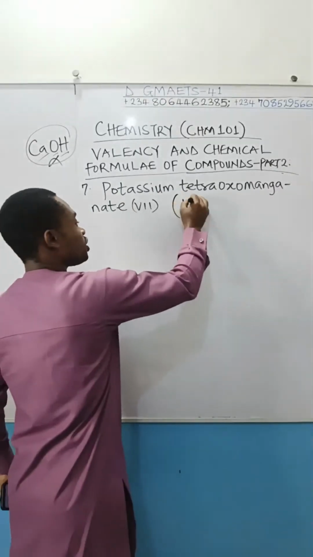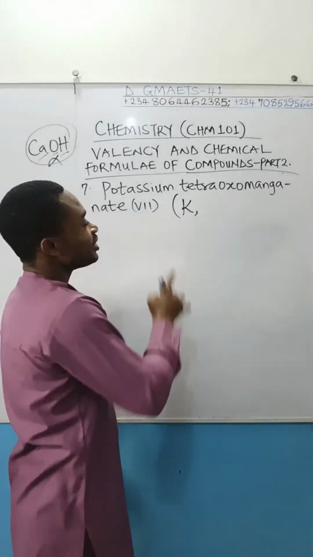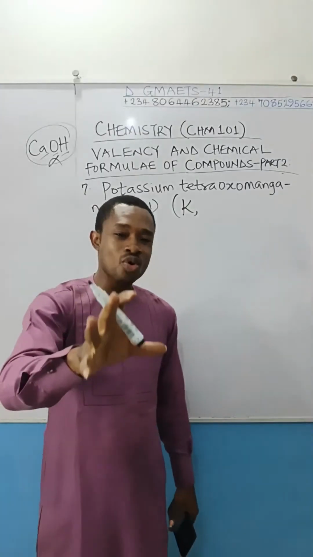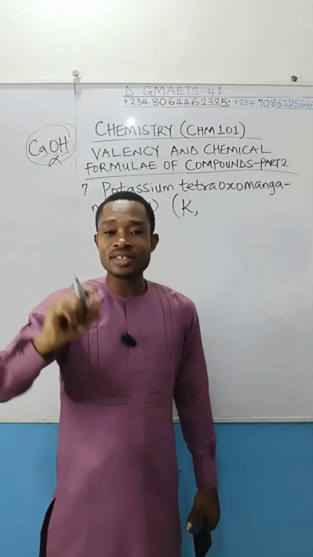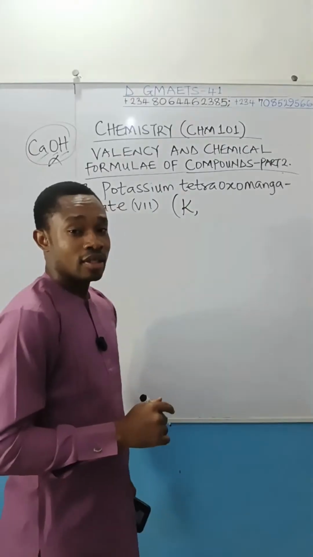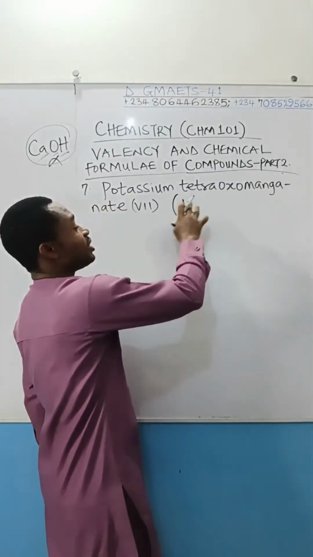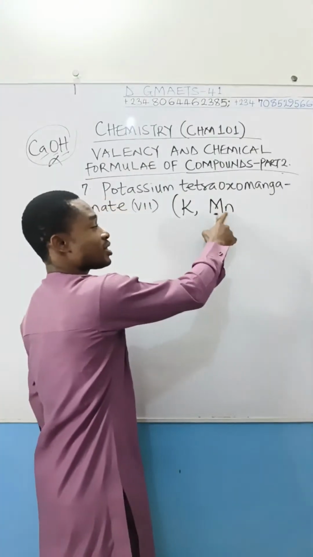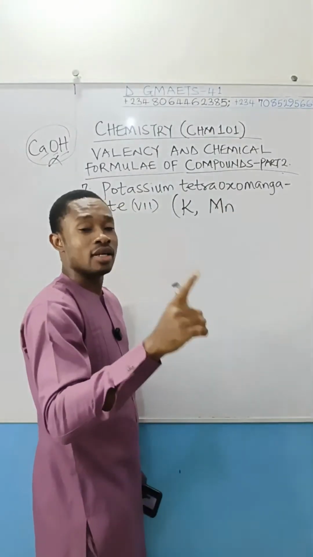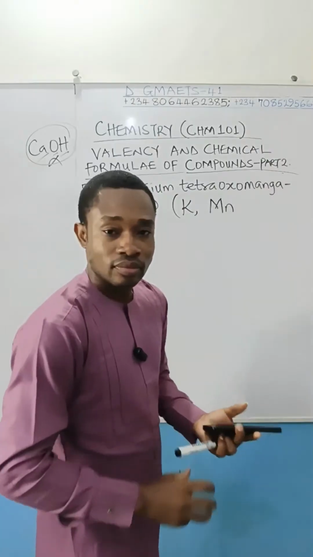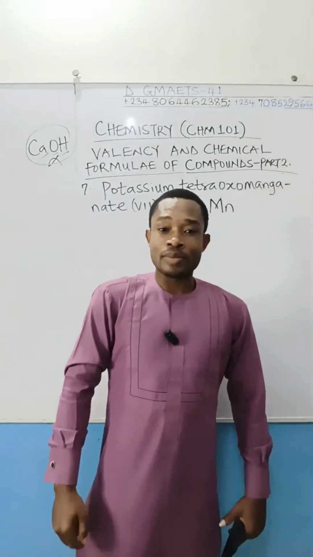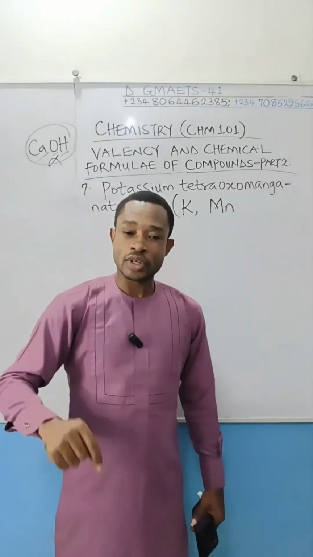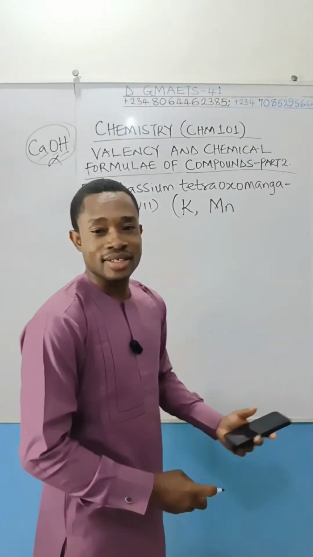We have potassium here, which is K. The tetraoxomanganate 7, if you remember in our previous class, I already gave you the valency of that radical. The tetraoxomanganate 7 is the radical written like this, MnO4. This Mn is manganese, atomic number 25.